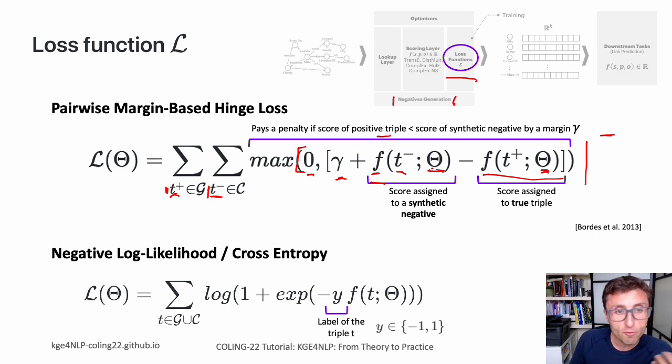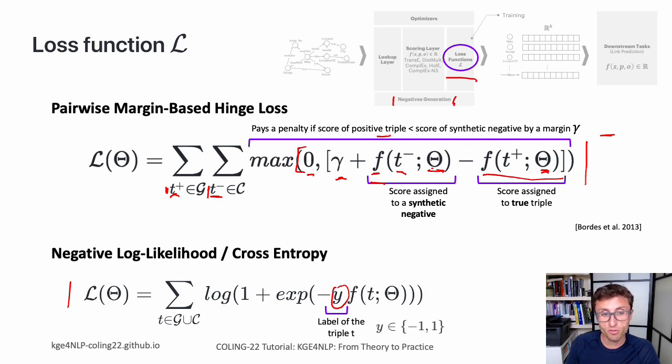Now, like I said, this is one form. There are multiple ways to encode that intuition using other losses. We can use negative likelihood, like in the equation below, where this is the label of the triple being processed.